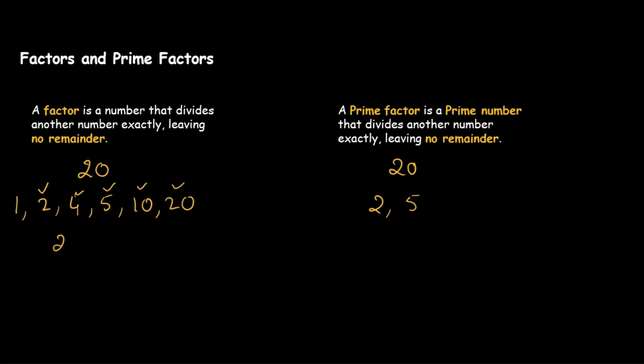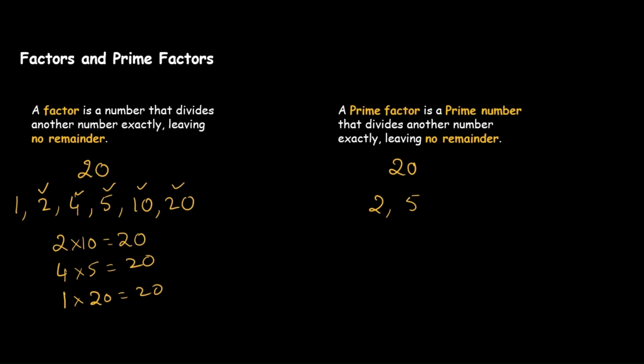So for example, 2 into 10 is equal to 20. It's a combination of a prime number 2 and a composite number 10. And 4 into 5 is also 20. Again, a combination of a composite number and prime number. And of course, we can also write 1 into 20 is 20. So these are the different ways of getting 20.